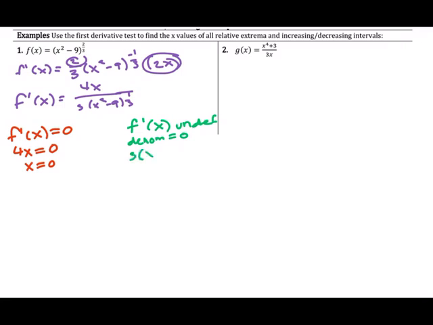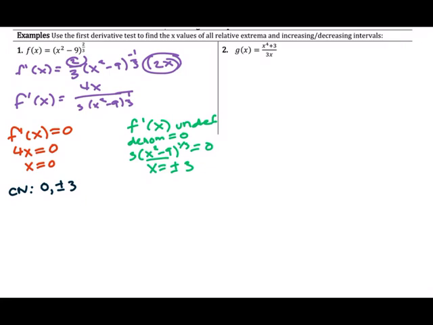So when 3 times (x squared minus 9) to the 1/3 power equals 0, and that would be 0 when this part is 0, so at plus or minus 3. So what we just did was we identified 3 critical numbers. I'm using Cn to represent critical numbers. The 3 critical numbers that we identified are 0 and positive and negative 3.